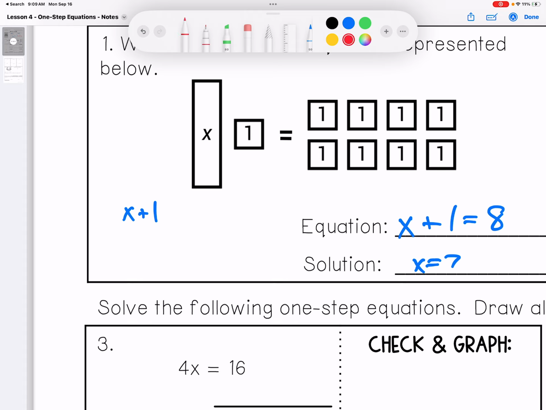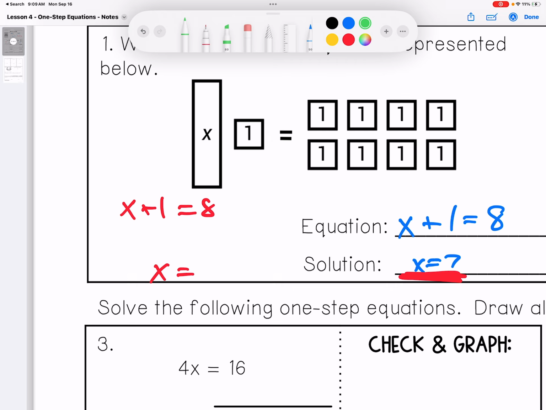Over here, I'll actually do this in red. We're going to go x plus 1. Here's how you solve that. As the directions told us, we need to get the variable by itself, so we need x equals something at the bottom. How do we get there? We've got to get the 1 to the other side.